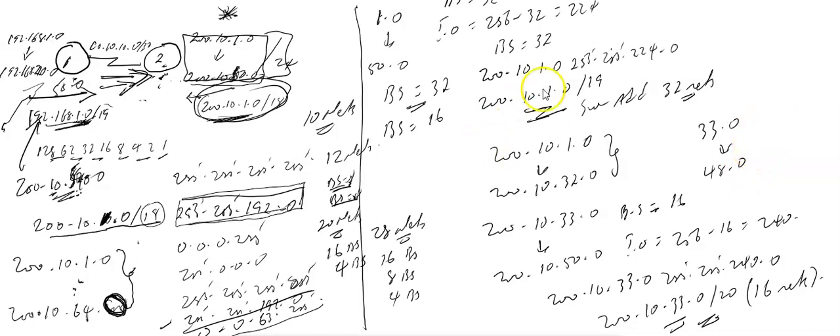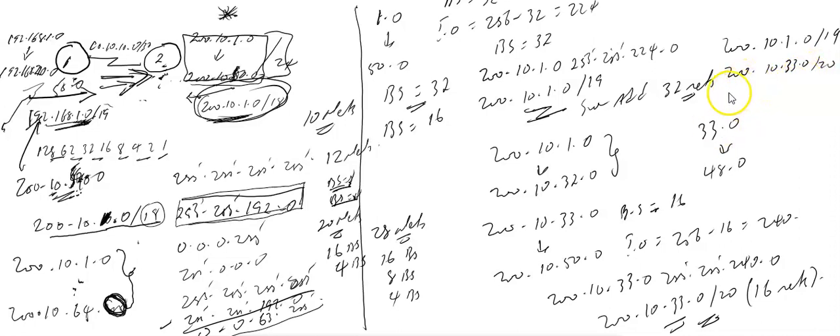So at the end of the day, summarizing all these 50 rows, we have 2 summary addresses: 200.10.1.0/19, which captures the first 32 network addresses, and the second one is 200.10.33.0/20, which captures the next 16 network addresses.